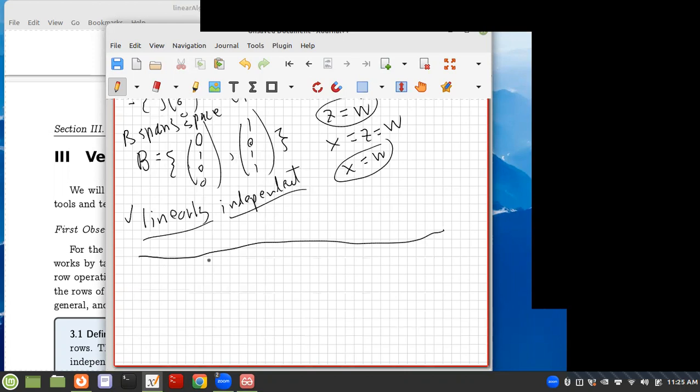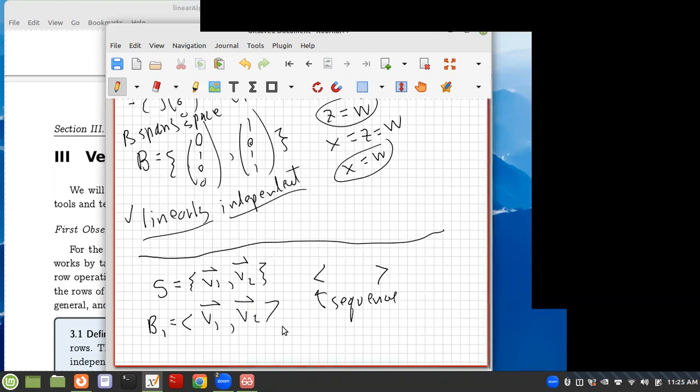Here is a set of vectors, v1, v2. A sequence, for which we use angle brackets, just means they're in order. So from this one, I can get two bases: basis 1 equals (v1, v2), and basis 2 would be (v2, v1).